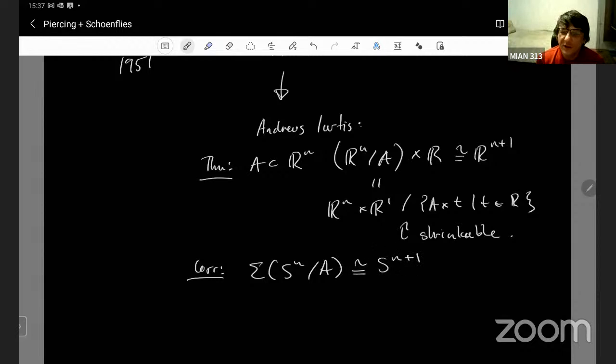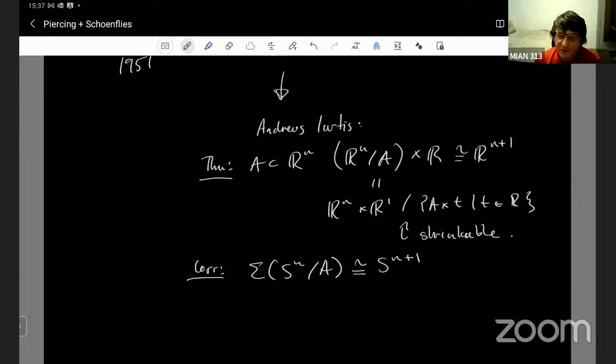Sorry, do you assume that A is cellular? Let me check, but I think there were no assumptions on A. I don't think so, because in Daverman and Venema they use an arc on the Antoine sphere, which is definitely not cellular.